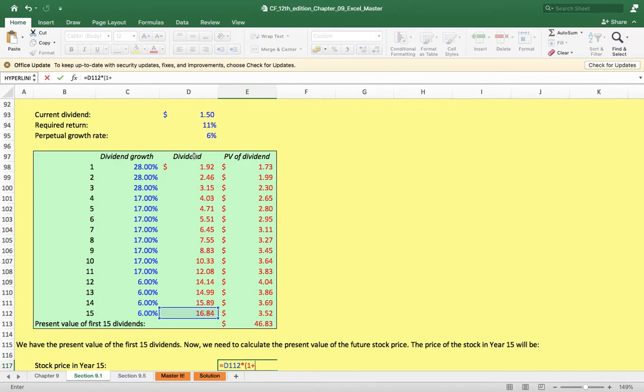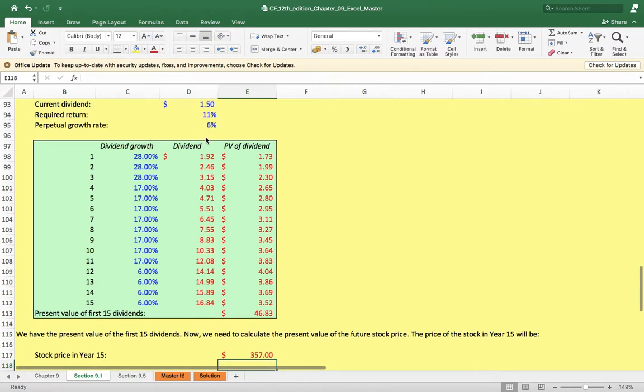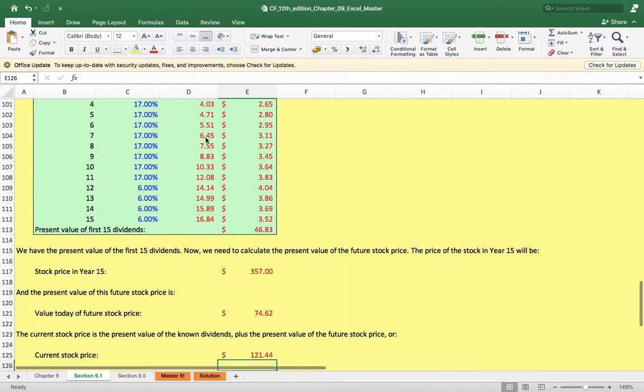The perpetual growth rate is 6%, divided by R minus growth. R is equal to 11% minus growth equal to 6%. Enter. So the price will be 357.